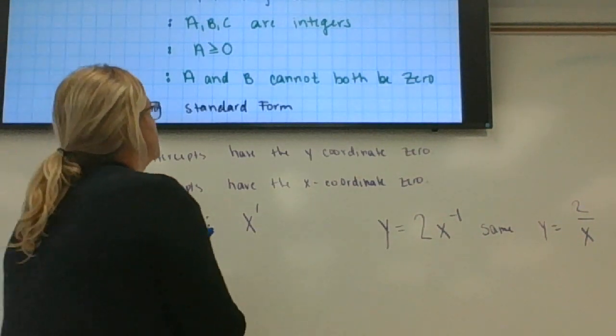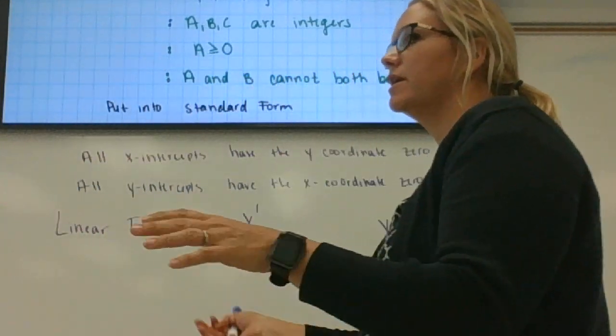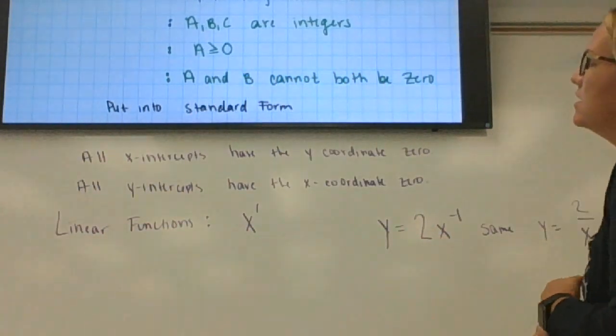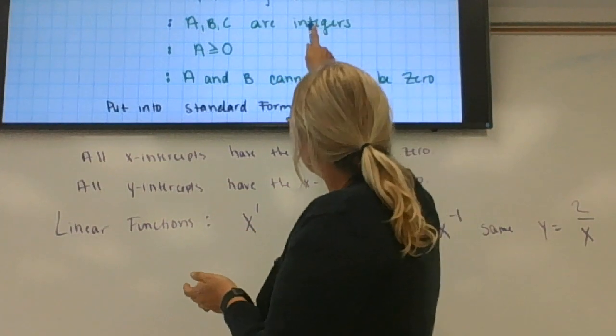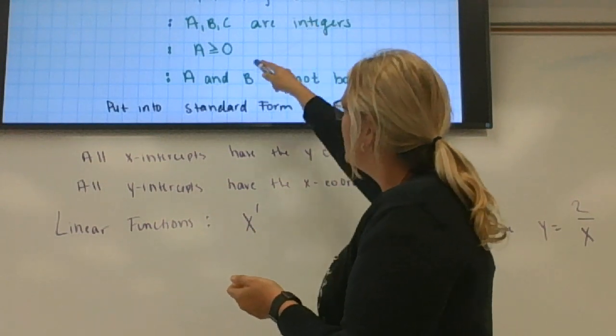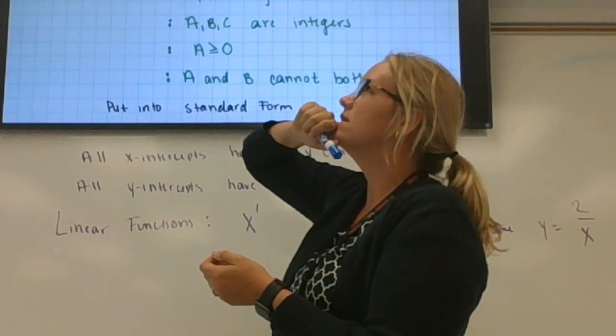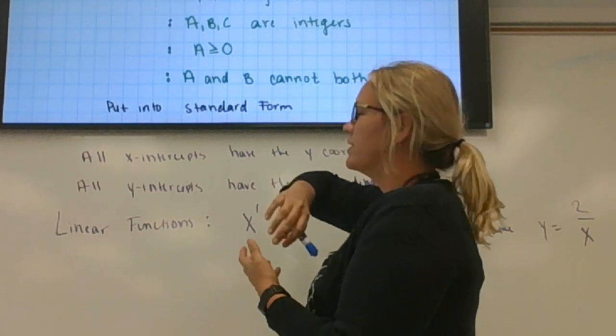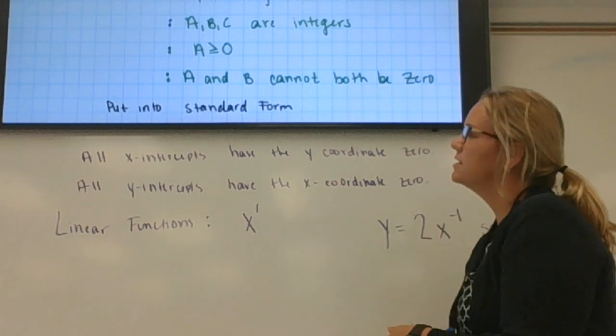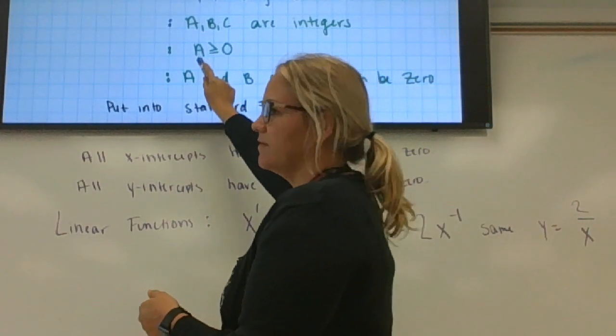A, B, and C should be simplified, so there shouldn't be any greatest common factors. A, B, and C should be integers. So sometimes we're going to rewrite it to clear fractions. A should be positive in standard form.